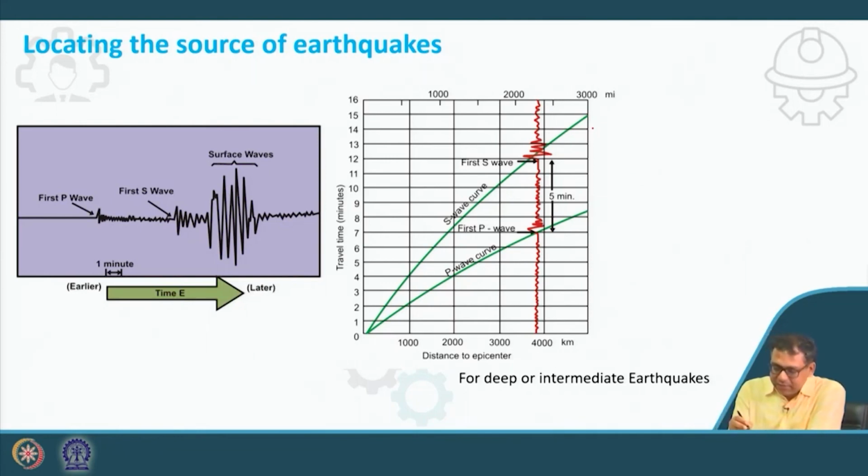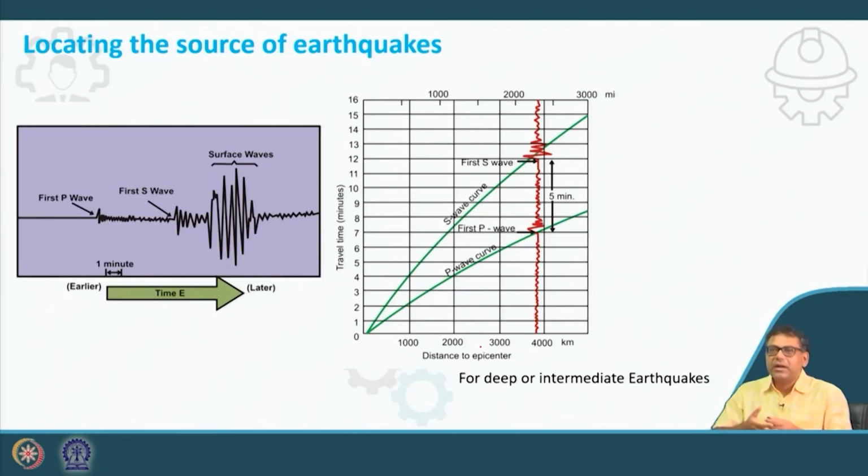So now if I have that, and you see this travel time versus distance plot, as the distance of the site from the epicenter increases, the difference between the travel time of the P wave and S wave will also definitely increase.